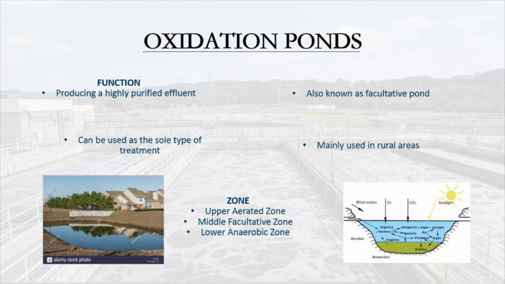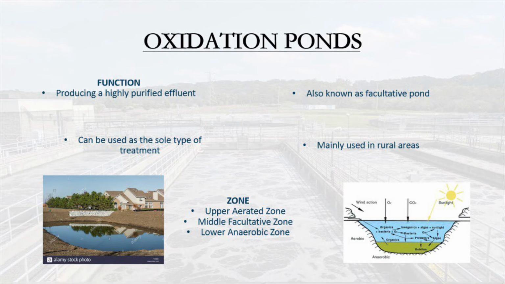Next process is oxidation ponds. We also know oxidation ponds as facultative ponds, which use both aerobic and anaerobic processes. Oxidation ponds are typically large, shallow earthen basins that provide adequate residence time for the wastewater to be treated naturally by both bacteria and algae.